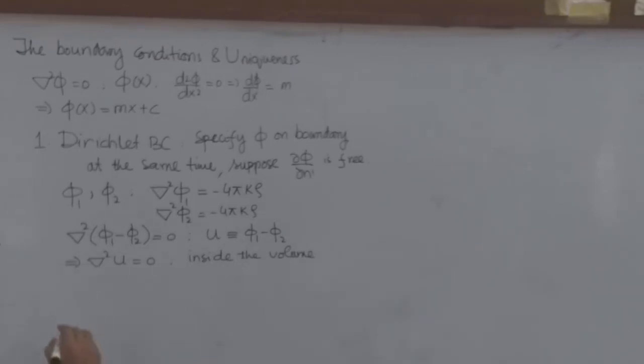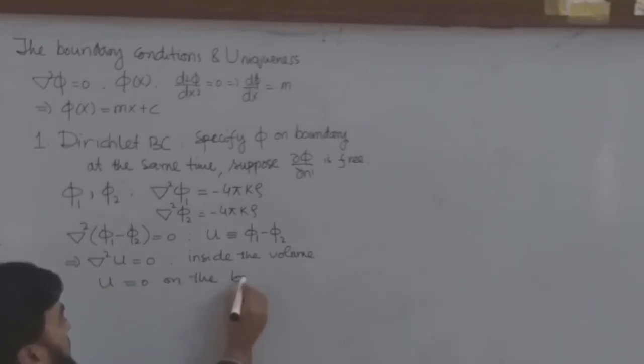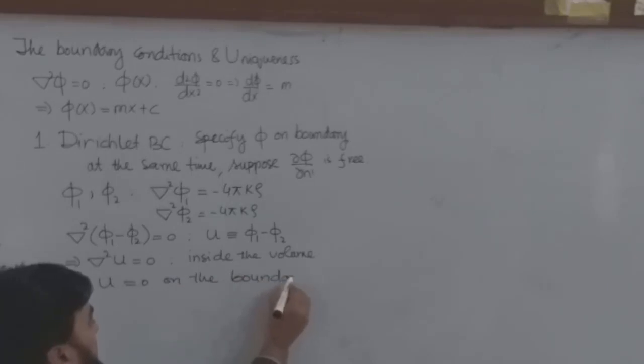But what about when del square u is equal to 0? Then on the boundary I will have u equal to 0 on the boundary.